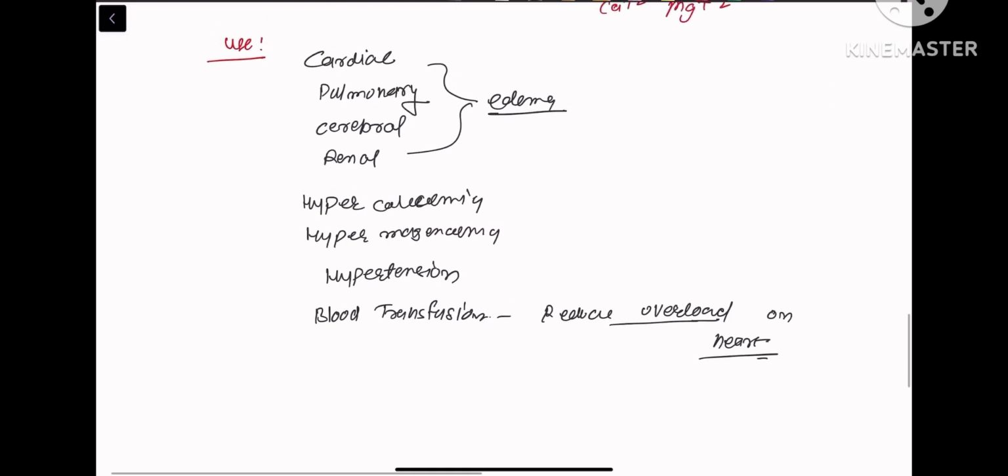Okay, so what happened in this condition?